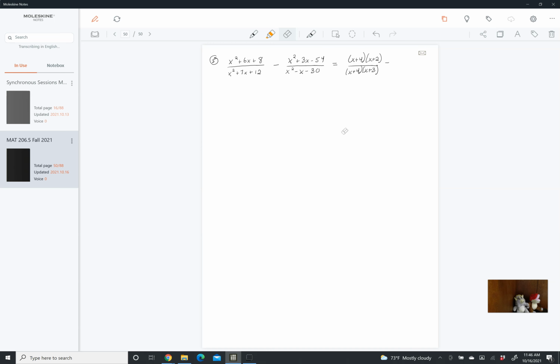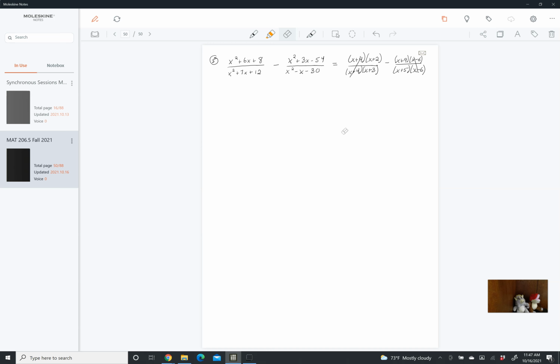And if we do the other side, x squared plus 3x minus 54 is x plus 9 over x minus 6. And x squared minus x minus 30 is x plus 5 over x minus 6. So notice what happens. In the first fraction, x plus 4 cancels. In the second fraction, x minus 6 cancels.